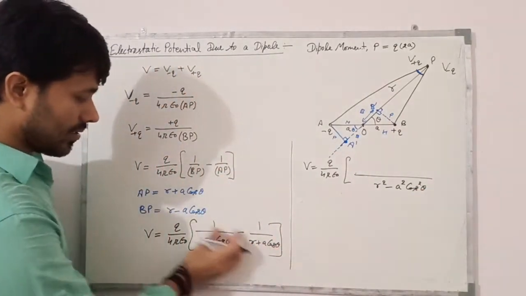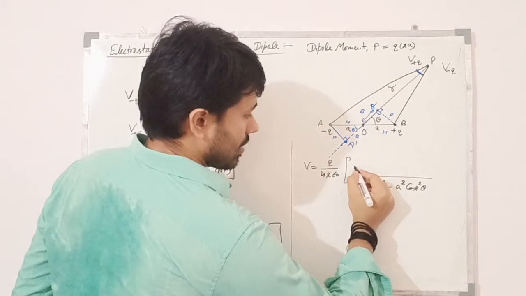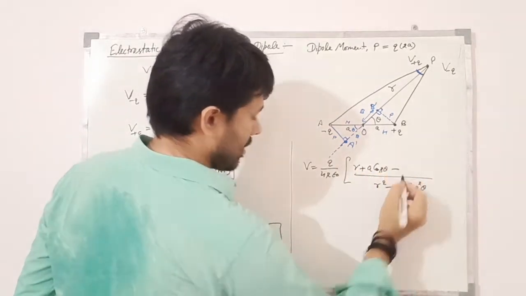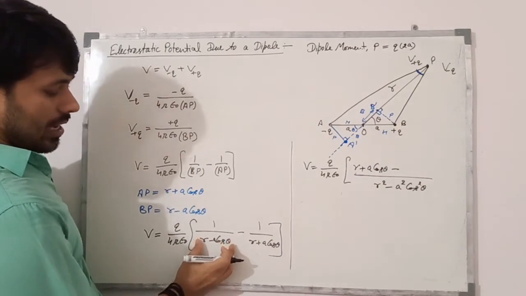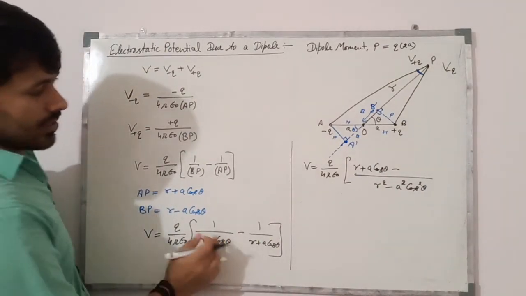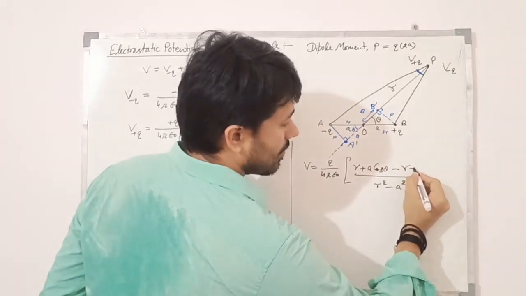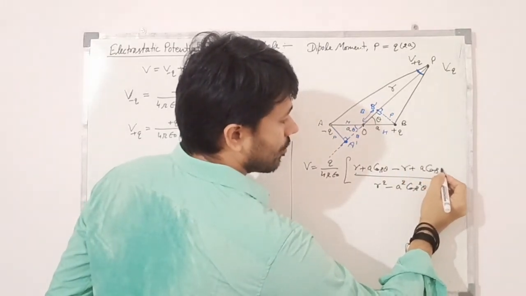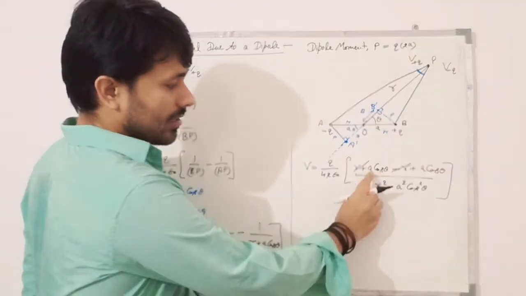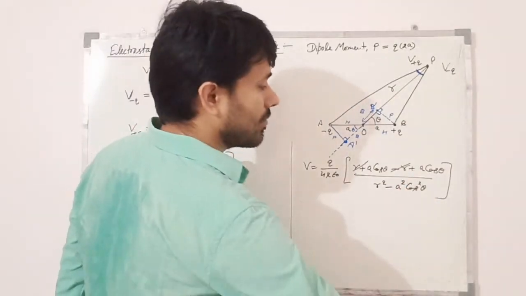Right? This is here, this is here. So means R plus A cos theta minus R minus A cos theta, and minus sign, minus R plus A cos theta. R cancels out R. And this is A cos theta plus A cos theta, means 2A cos theta.